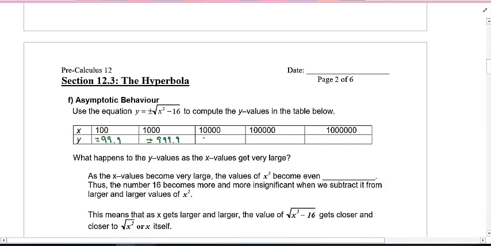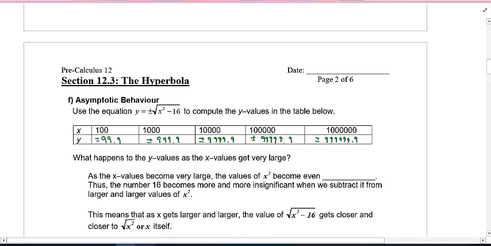And if you continue, that becomes 9,999.9, 99,999.9, and then 999,999.9. Lots of nines. 6 of them, I think, this time. 1, 2, 3, 4, 5, 6. Yeah, 0.9. So really, what happens to the y values when x gets larger? It pretty much becomes plus or minus that same x value. Minus 16 really just doesn't do much to it, except maybe take off 0.1.